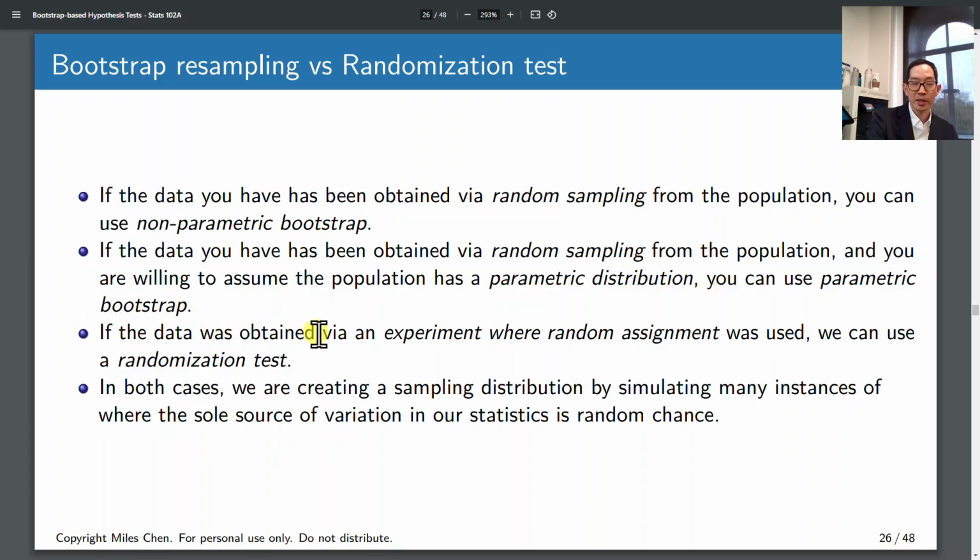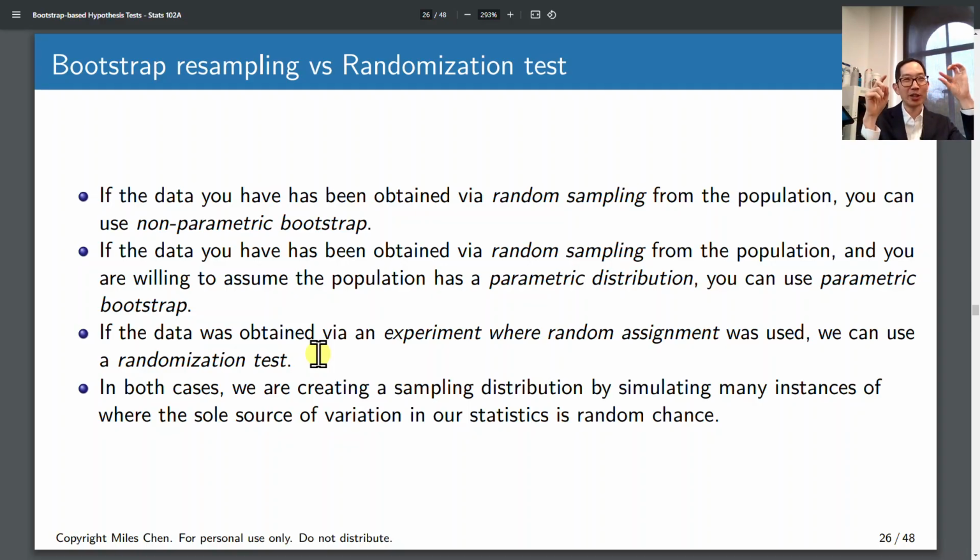If the data was not obtained via random sampling, but you have random assignment with an experiment, then you use a randomization test. So that's the key difference. Random sampling: non-parametric bootstrap or parametric bootstrap. Random assignment: randomization test.